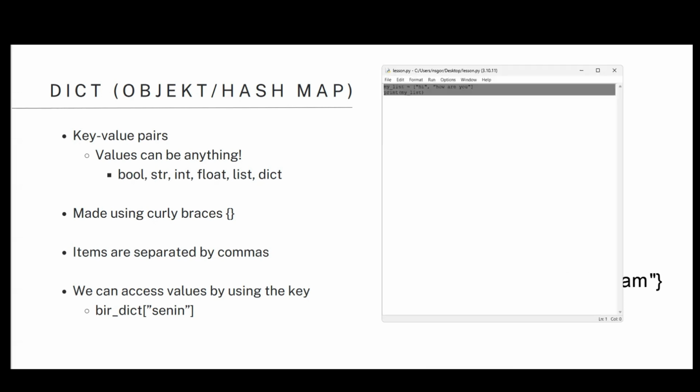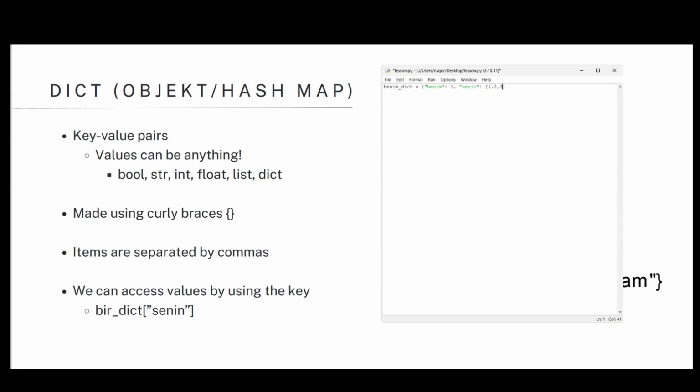So if I say, here's my empty dictionary, and then I'll say Benim is the first key, and then 1 is the value. Senin is the second key, and the value will be a list.